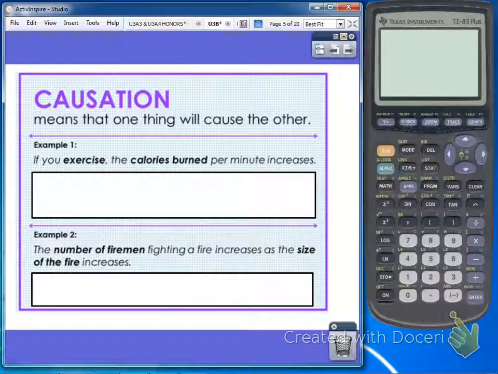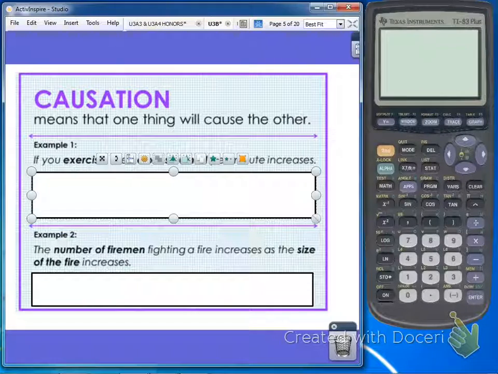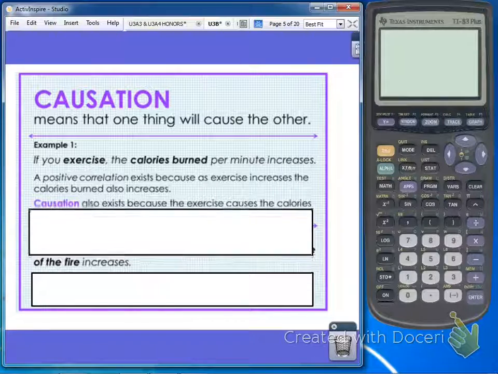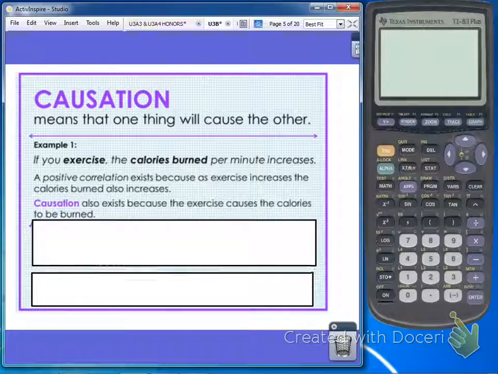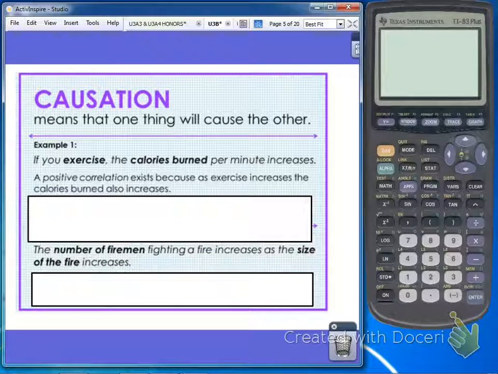Is this causation, or is it just correlation? When you exercise, calories burned increases. Yeah, it's correlation. Is it causation? Causation also exists because the exercise causes the calories to be burned. Good.